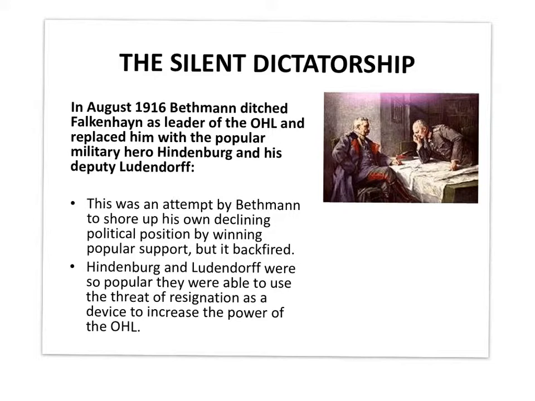Now that really began to change, certainly in 1916. What we start to see is the military expanding its power into the political life of the nation. Now the main reason it was able to do this goes back to the point I said a minute ago. According to the Bismarckian Constitution, the Chancellor controlled politics.